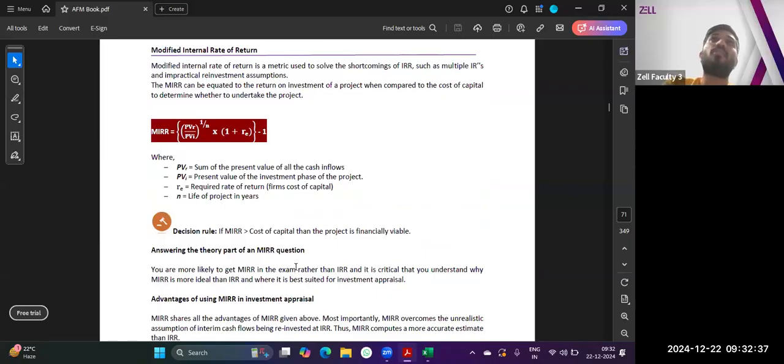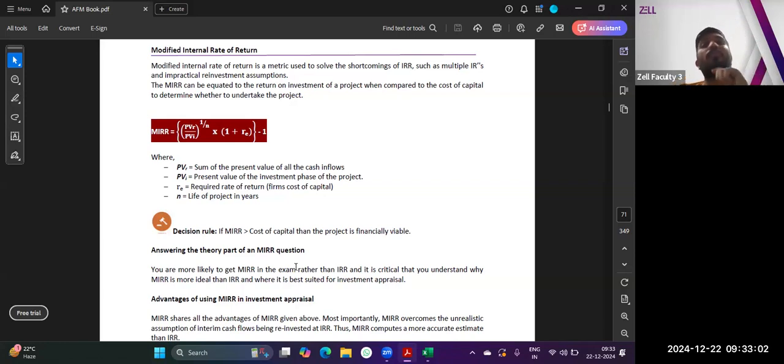Since IRR has a lot of demerits, it cannot compare unconventional cash flows, cannot compare other things and all. Some of the demerits can be overcome based on MIRR.